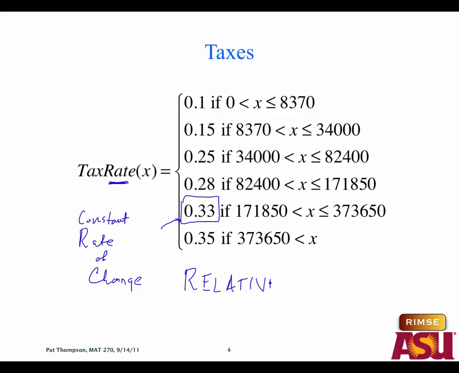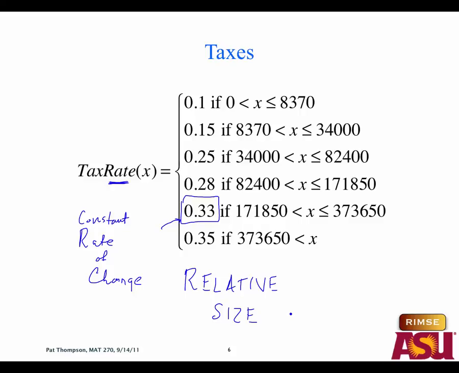So it's the relative size of what compared to what? Tax rate compared to... It's the change in y over the change in x, of course. But in terms of this situation, it's the relative size of, so 0.33, like 1/3.